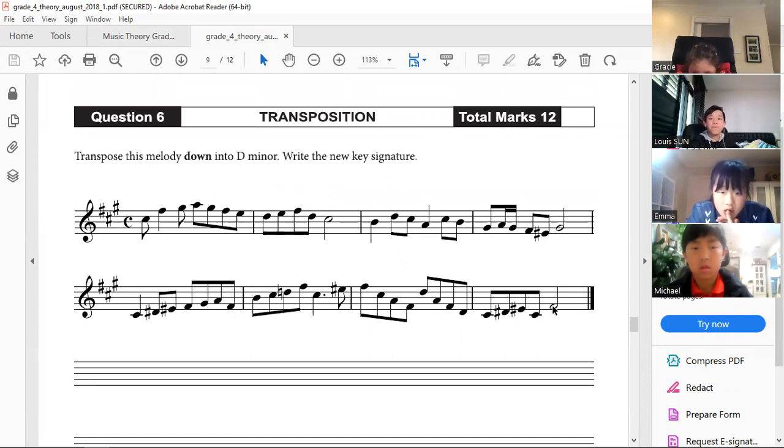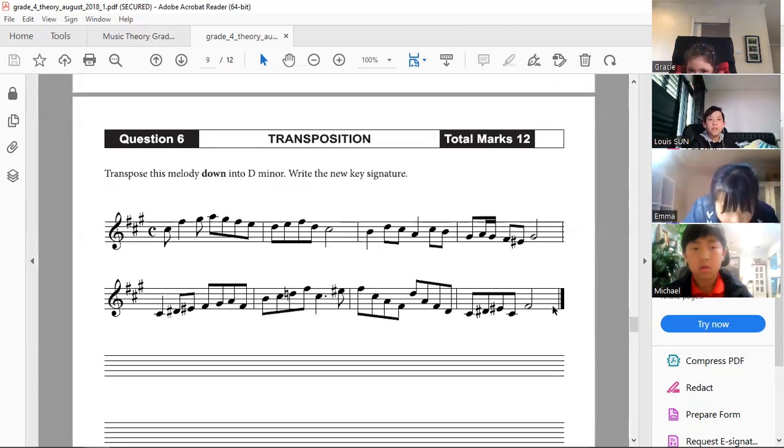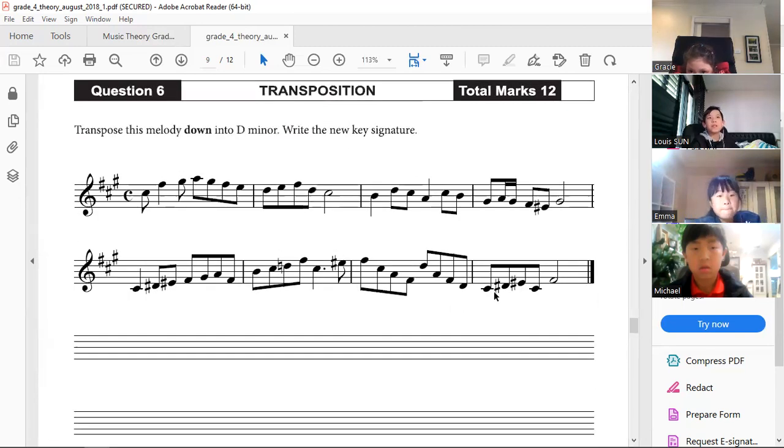So firstly, what is the original key? A major. Try again. Look at the last note.